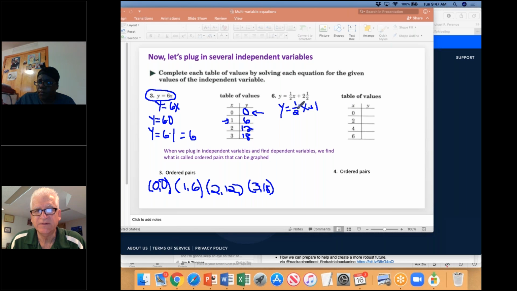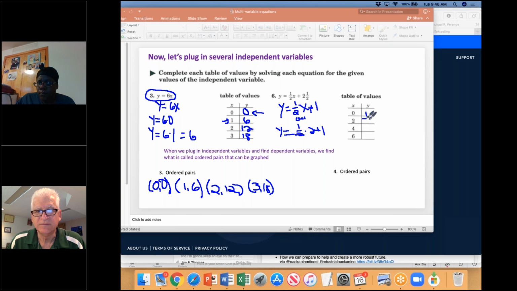So when x is 0, I have 1/2 times 0 plus 1, which is 0 plus 1, which is simply 1. And then when I have x equals 2, I'm plugging in the 2. I have 1/2 times 2 plus 1, which is 1/2 of 2 is 1. 1 plus 1 is 2.